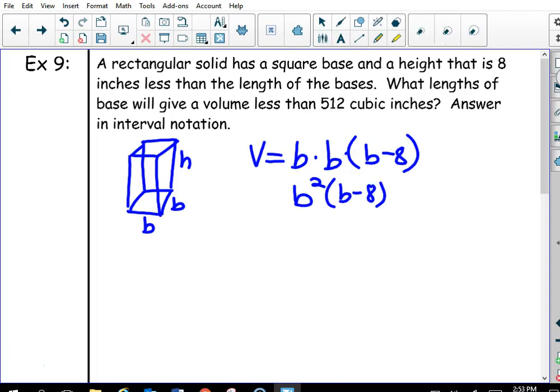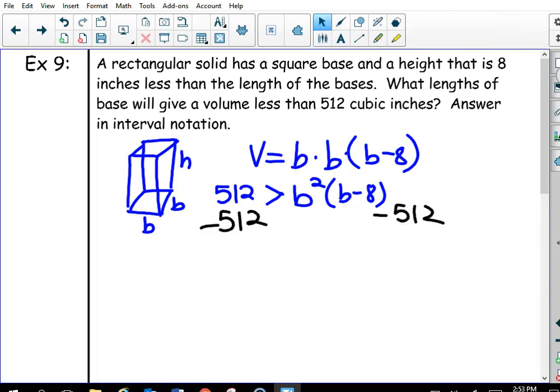So I'm going to change that equal sign to a less than 512. So I need a 0 on one side. The easiest way to do that is to subtract 512. Zero is greater than b squared times b minus 8 minus 512.